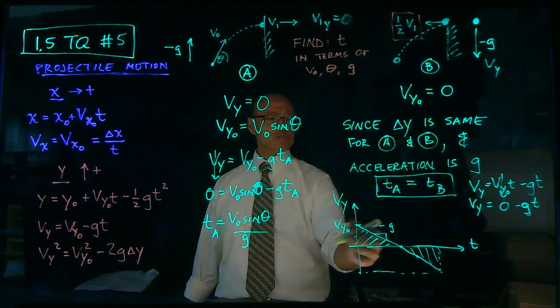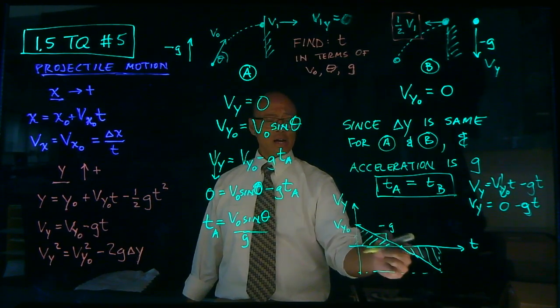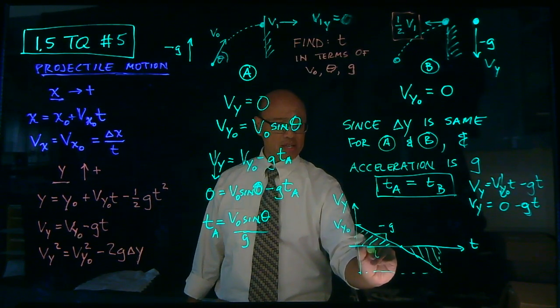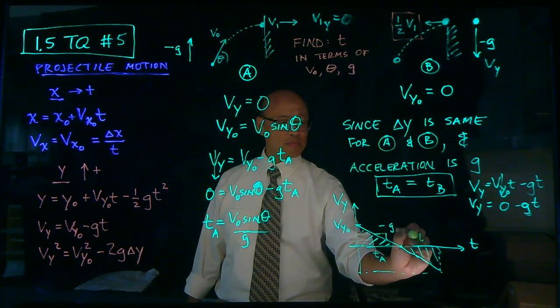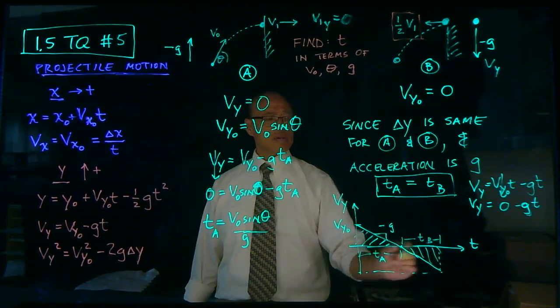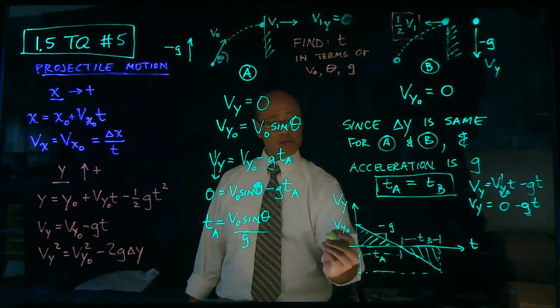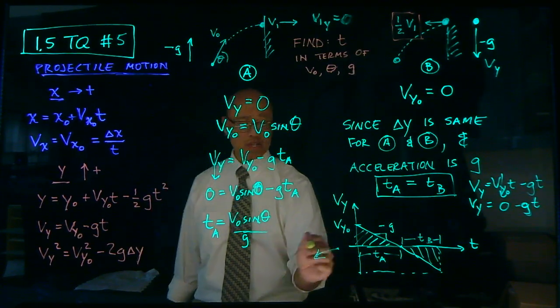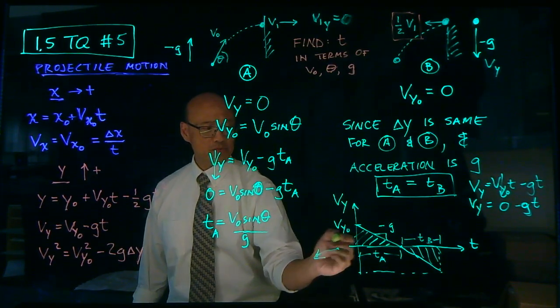The only way those two areas are going to be the same is if the base is the same, right? The base of the triangles. So another way to put it is, there's an algebraic way to do this, but the graph does wonders for you.